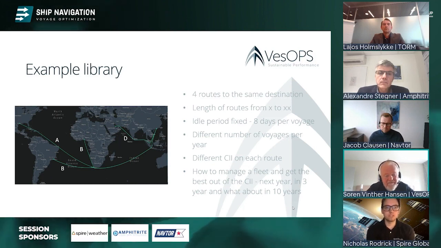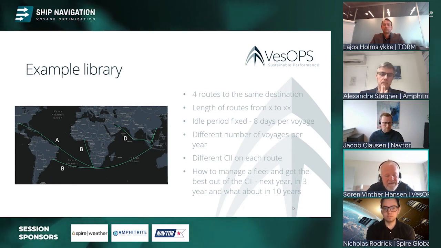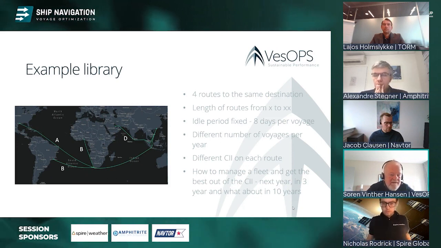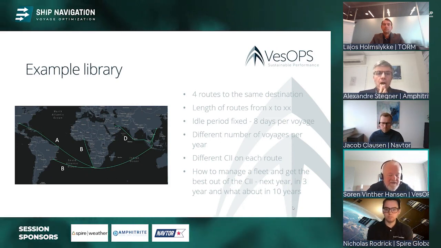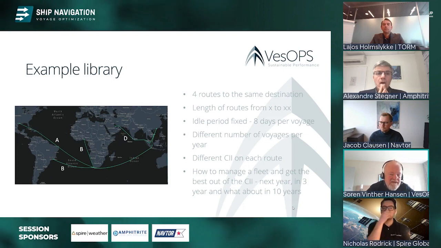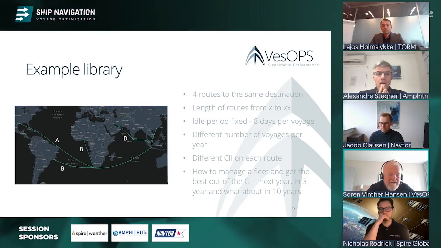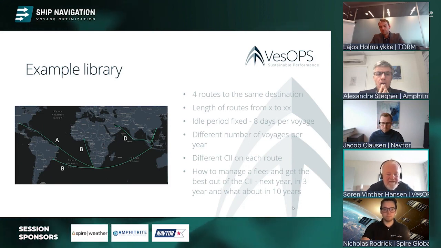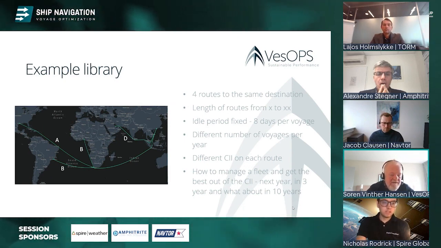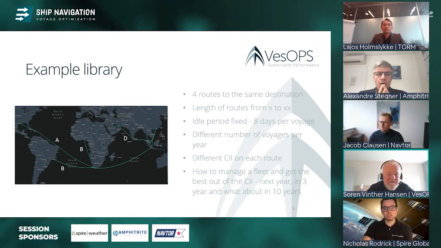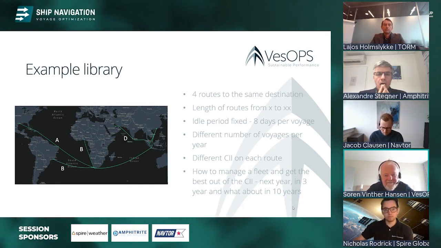So if you're just sailing with your vessel on that route and you have the same idle periods as the other routes, then you'll come out with an A. If you sail on the short route, the Arabian Gulf to China, then you're on D. And it doesn't really matter which energy efficiency the vessel has that you put into this trade, because it gives you a D because of the operational focus. So you can run your vessel very efficiently, but you still end up with a D on that.